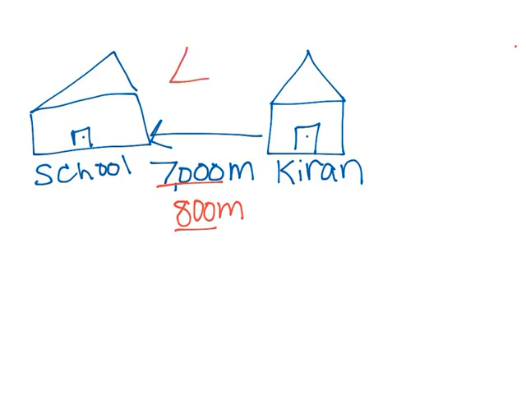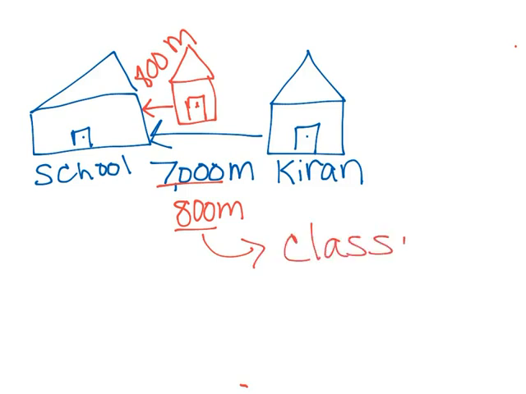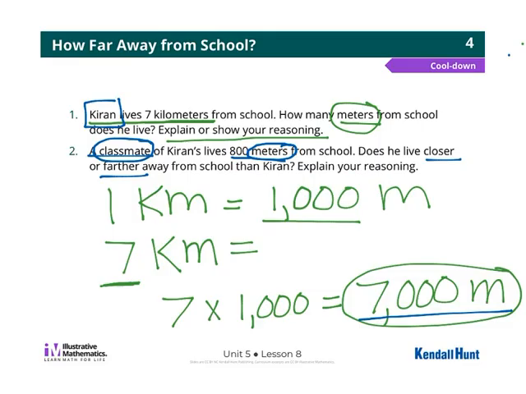So that classmate is going to be much closer to school. That's the doorknob. So the classmate from here to school, we would have 800, that's an 8, meters. So I can clearly see that the classmate is closer to the school.